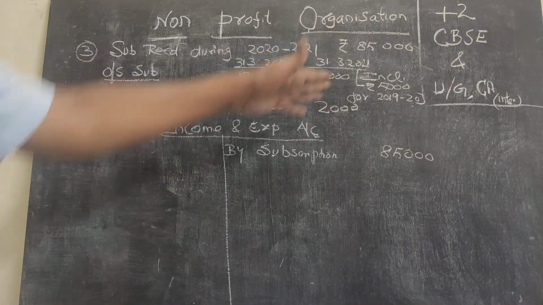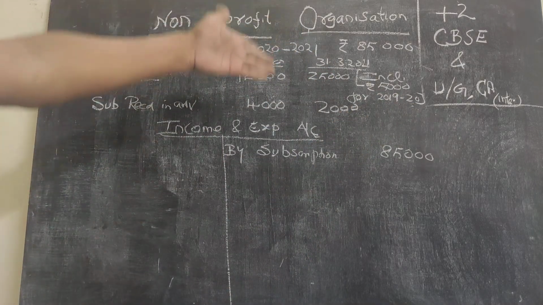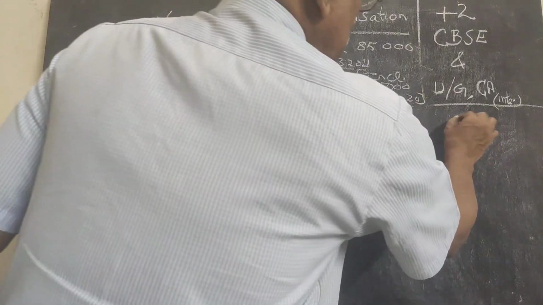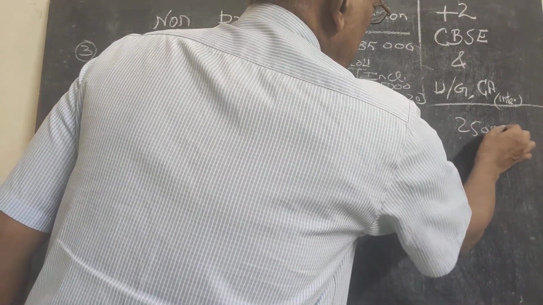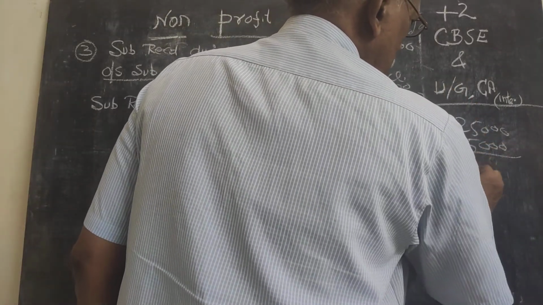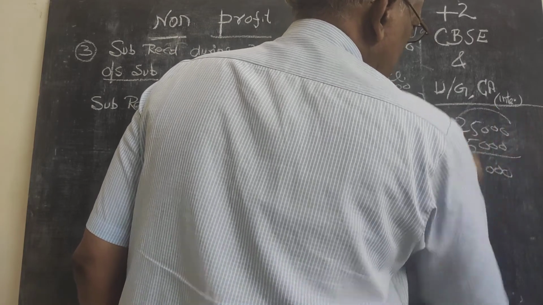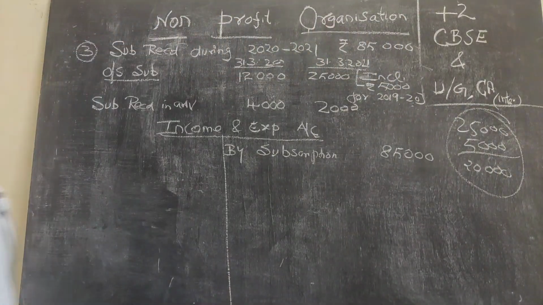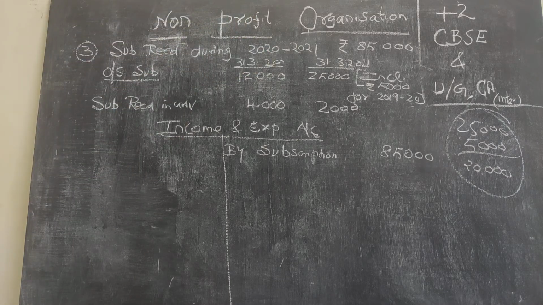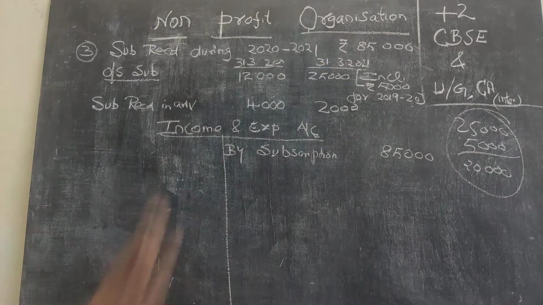So that is still outstanding, just like the previous problem. Therefore the actual outstanding for this year is 25,000 minus 5,000, so only 20,000 is the amount due for this year. Total outstanding is 25,000, but the amount due for this year that is still outstanding is 20,000. You take into account that part.